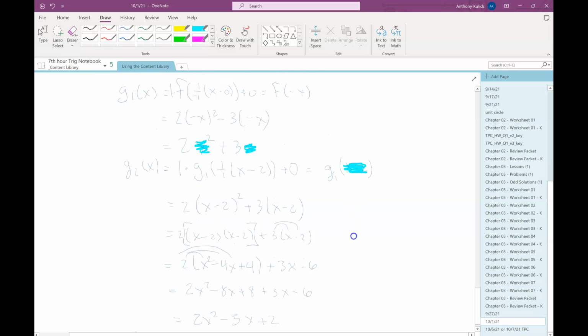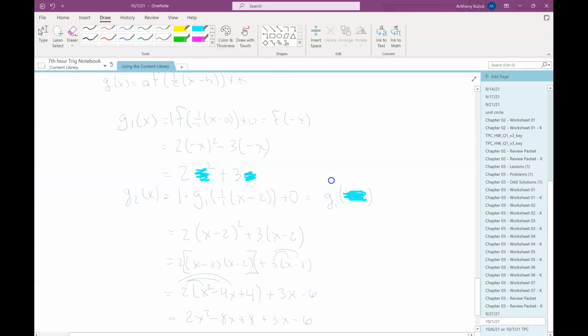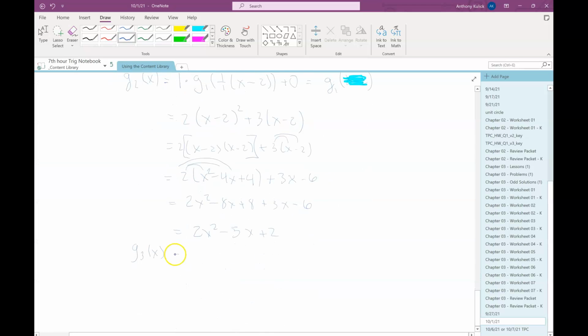Next step in my transformation, going up 5. So again, I'm doing this to my previous step. So the k is 5, everything else is kind of a null value. So this just turns to g of x plus 5.